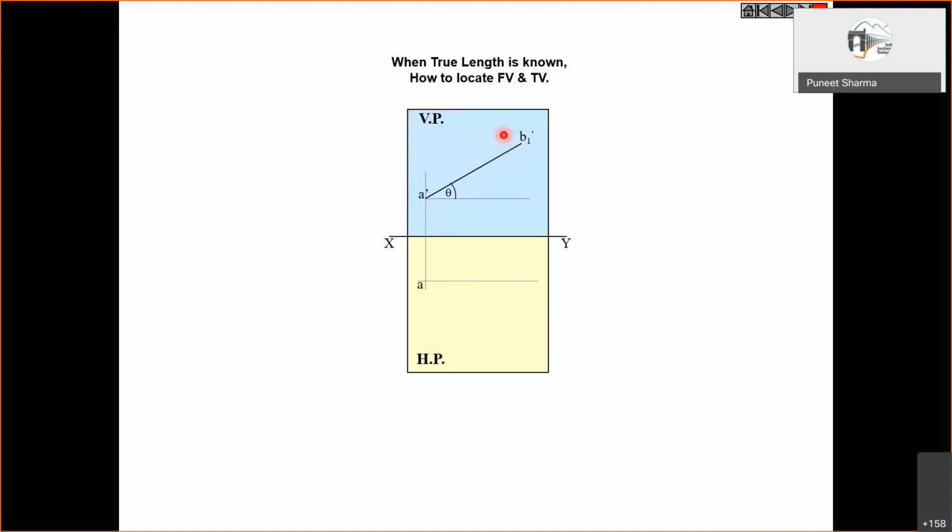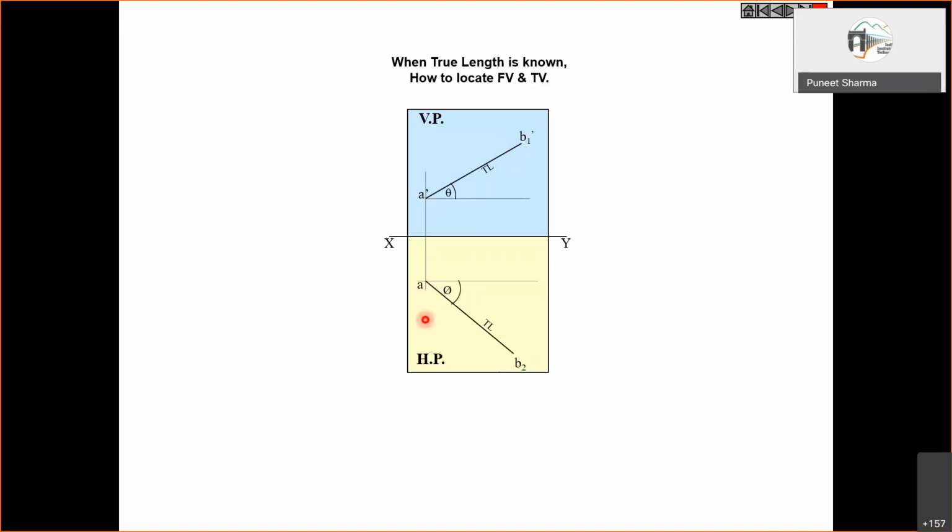Fine. Now corresponding to this, we can obtain the top view. Before that, again, this represents the case when the line is assumed parallel to the horizontal plane. Then again the same exercise is done, this theta inclination considered, true length of the line considered, and B2 located.